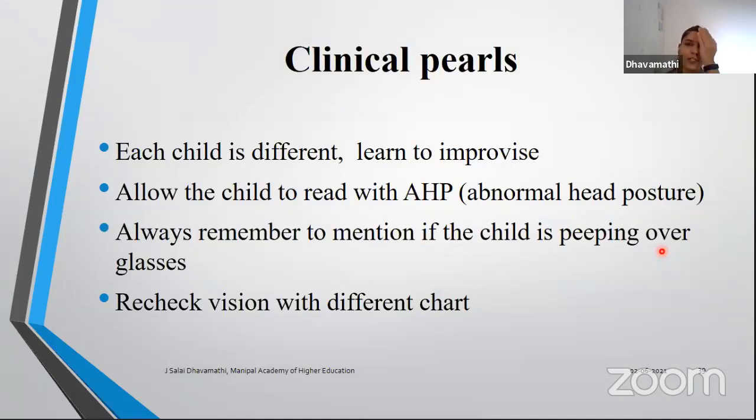If you ask the child to occlude, the child may not occlude properly, and the child can peep over the glasses or give some false statements, saying it is clear for me. Sometimes it is very confusing for us to decide whether this child really needs the glasses or not.